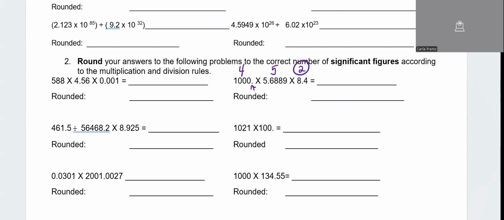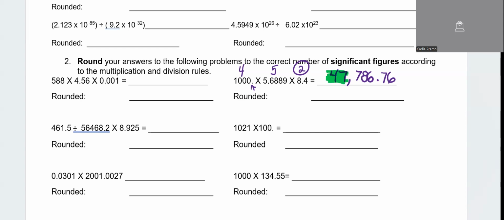Calculator answer is 47,786.76. Obviously, calculator is giving me a lot of sig figs. The first 2 sig figs I care about, 4 and 7.